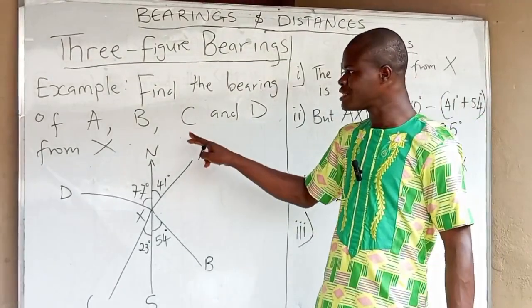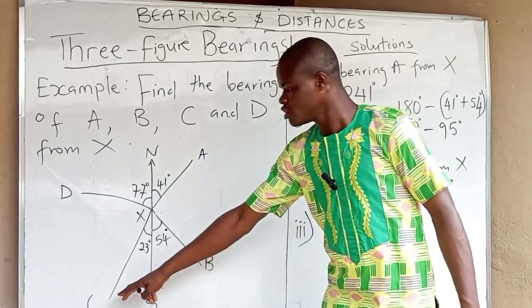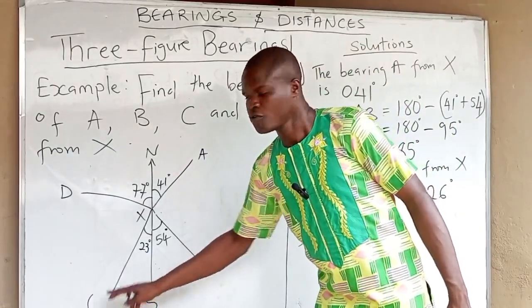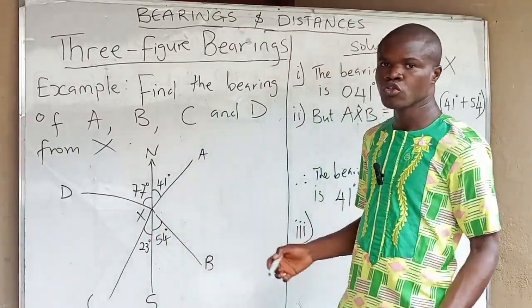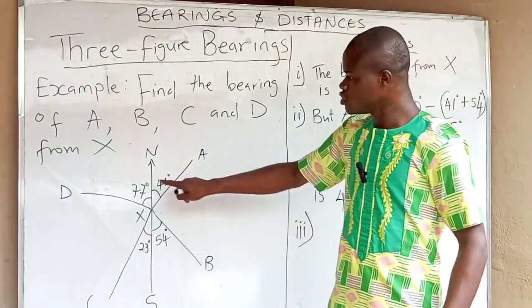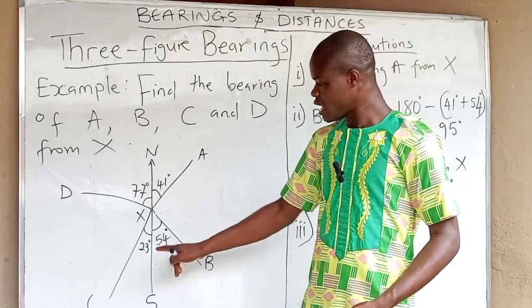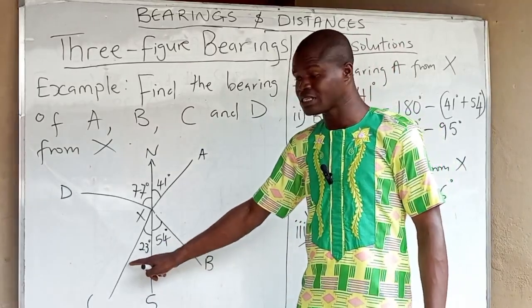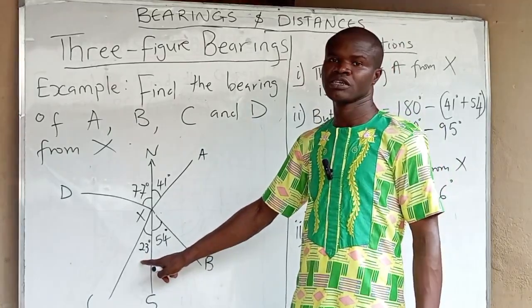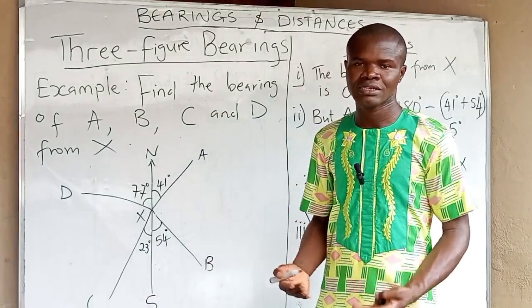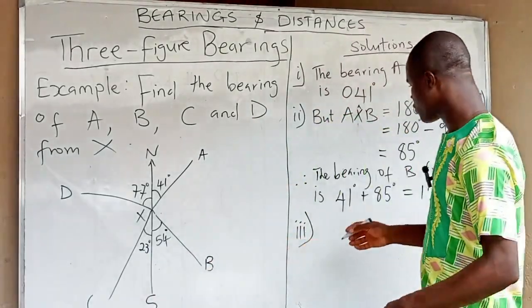So number 3, we are asked to find the bearing of C from X. Remember, we are going to start from the north to measure. So from the north to the south is 180 degrees, and then the angle between the south and C is just 23 degrees. So we are going to do 180 degrees plus 23 degrees.